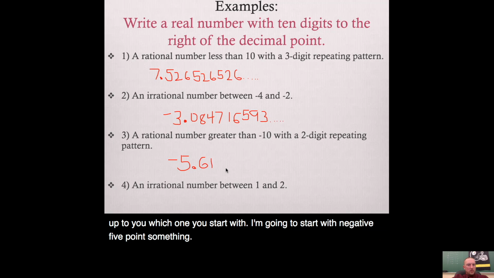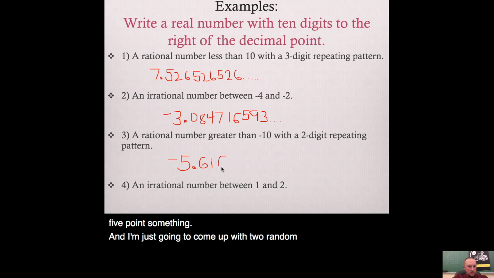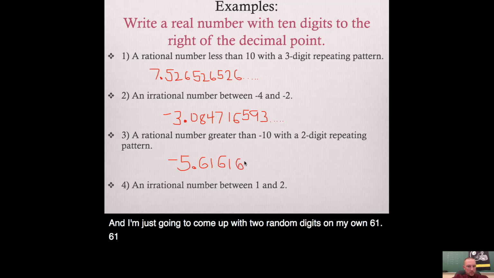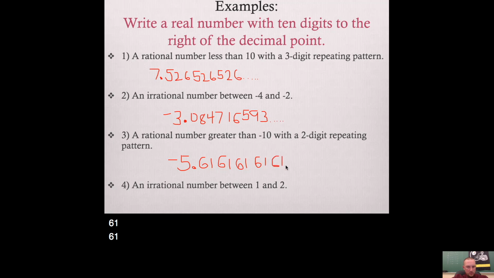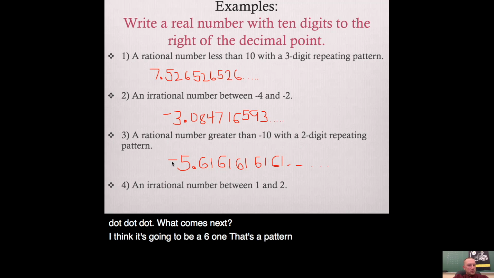And I'm just going to come up with 2 random digits on my own. 61, 61, 61, dot, dot, dot. What comes next? I think you know it's going to be a 61. That's a pattern. That's why it's rational.